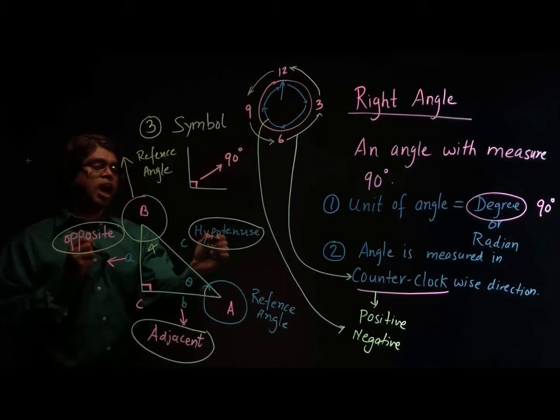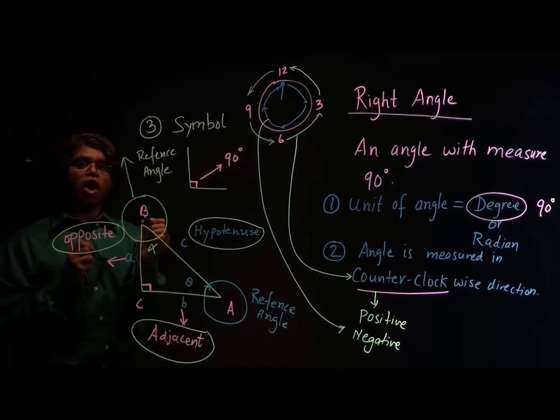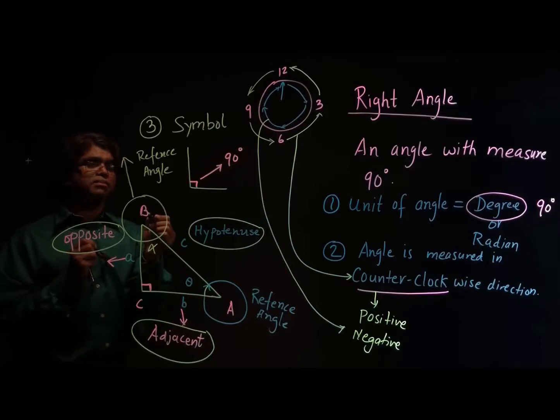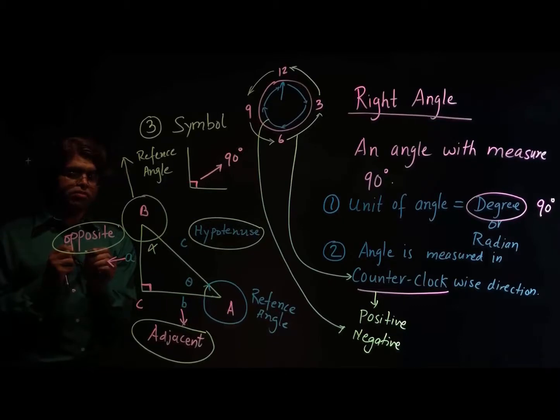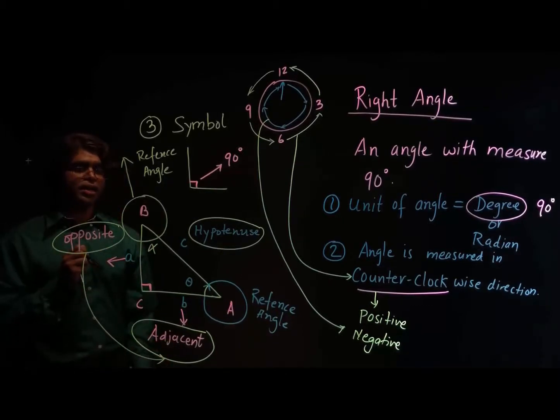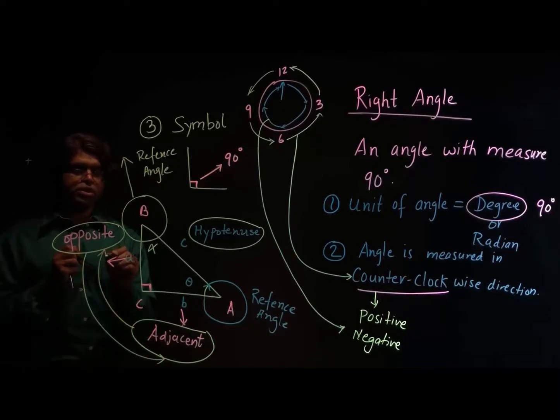As you can see, hypotenuse is always opposite to the right angle, so hypotenuse will not change. But if I consider B as my reference angle, then opposite will replace adjacent, and adjacent will replace opposite.